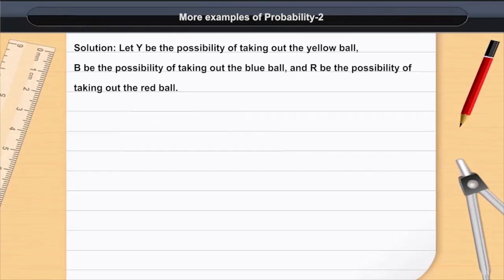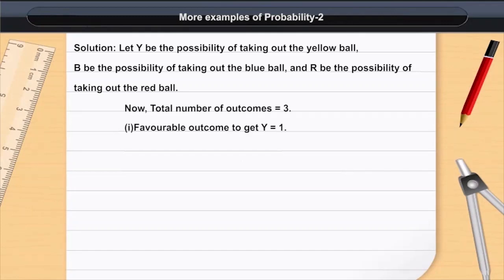So it is possible that she takes out any one of them. Let Y be the event of taking out the yellow ball, B be the event of taking out the blue ball, and R be the event of taking out the red ball. Now, total number of outcomes is equal to 3. 1.